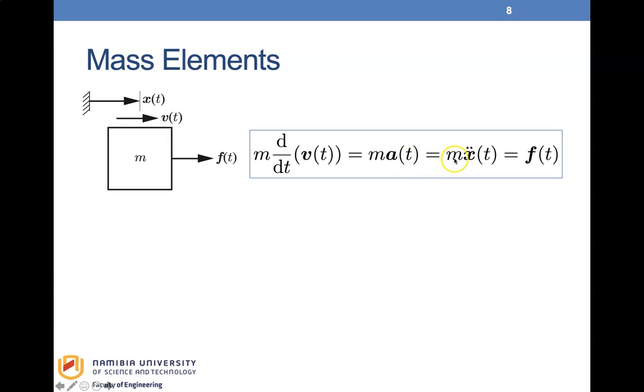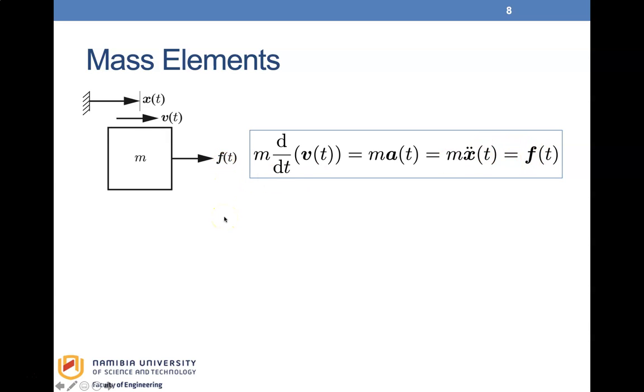This can be written as m x double dot. Displacement differentiated twice is equal to acceleration, or velocity differentiated once is also acceleration, so any of these three means the same thing. And this will be equal to the applied force.